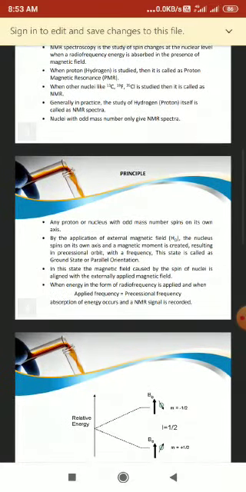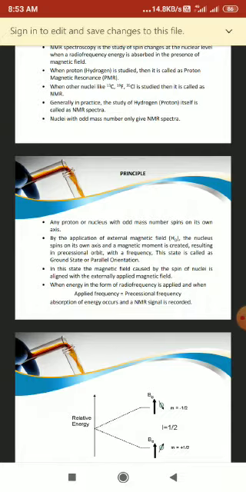Now we have seen principle of NMR spectroscopy. Any proton or nucleus with odd mass number spins on its own axis by the application of an external magnetic field, which is denoted by H0.